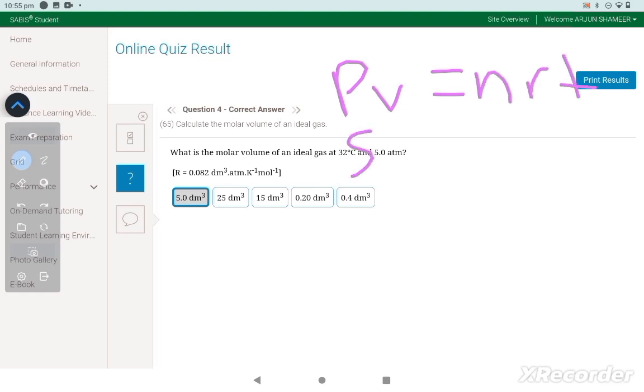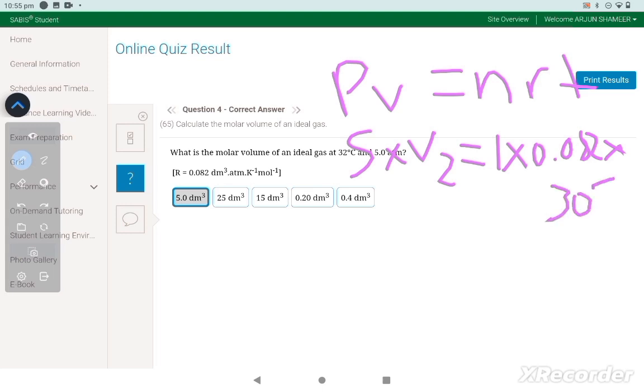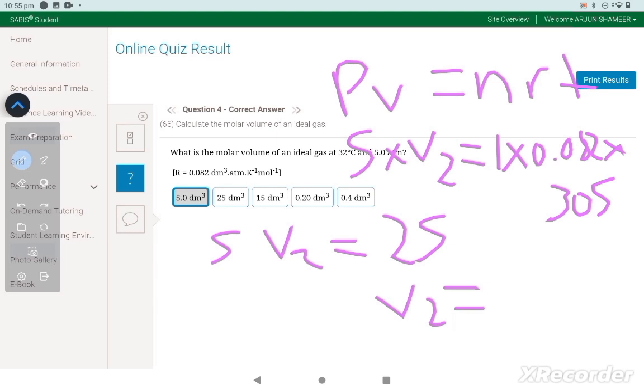Pressure is 5 times volume is equal to, and it's molar volume, so it's going to be 1 multiplied by 0.082 times 32 plus 273, which will give you 305. So 5V2 is equal to 305 times 0.082. We get 25. So V2 is equal to 25 over 5, so 5.